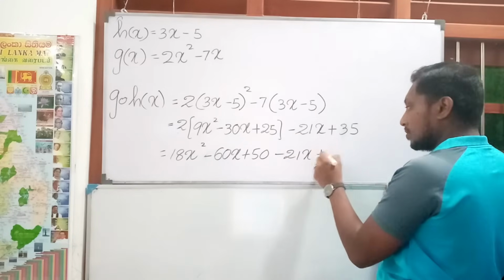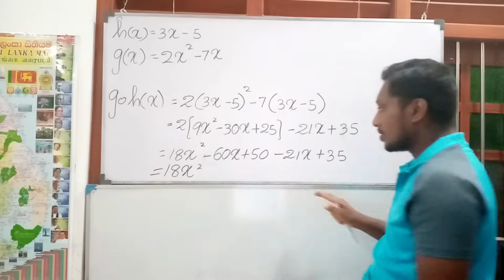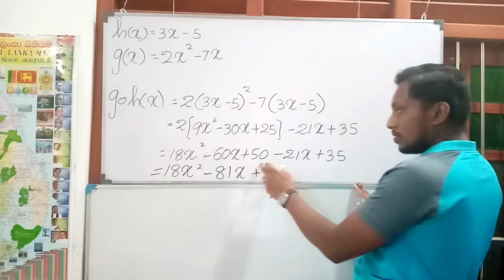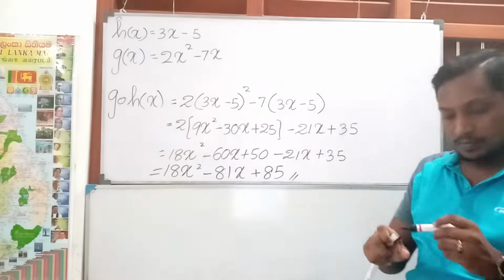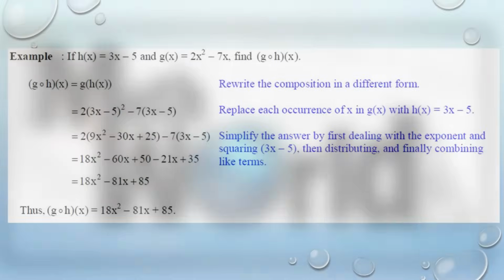Square the bracket: you will get three terms, the square of the first term, plus 2 times the multiplication of two terms, plus the square of the third term.